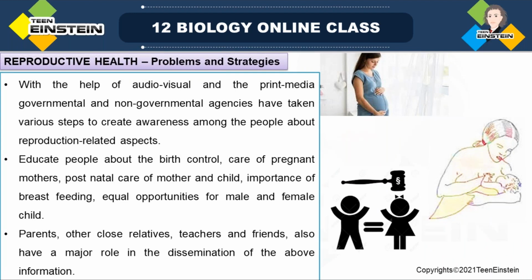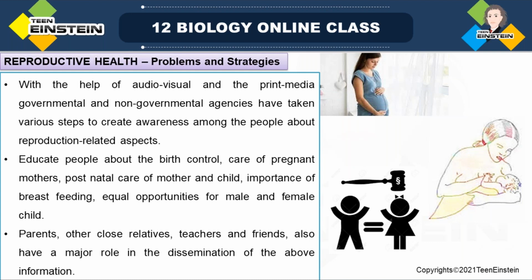Then how are we creating this awareness? Both government and non-government agencies are working on it, right? With the help of audio visuals and print media, they are taking steps to create awareness among the people. Okay, by educating people about birth control, care of pregnant women, postnatal care of mom and baby, the importance of breastfeeding, and equal opportunity for male and female.